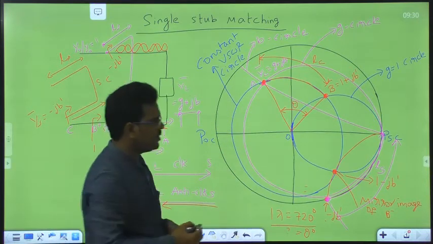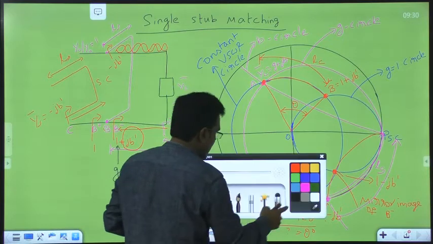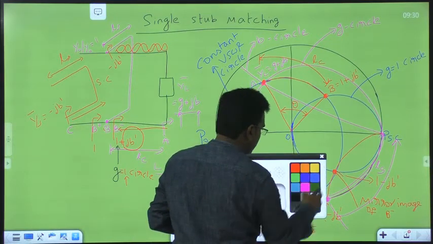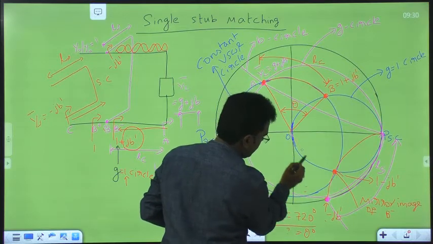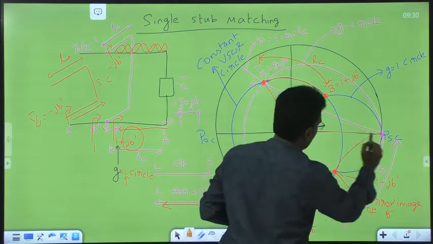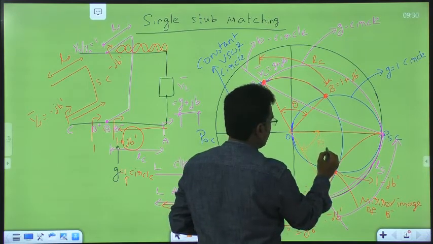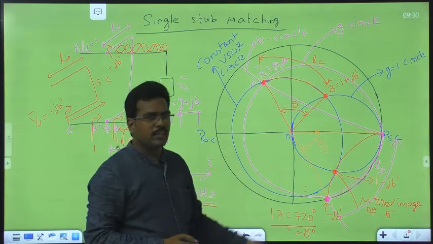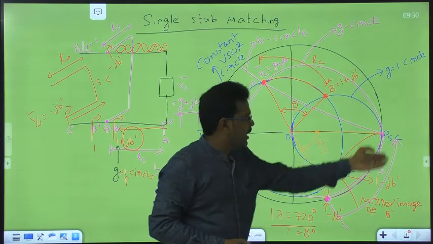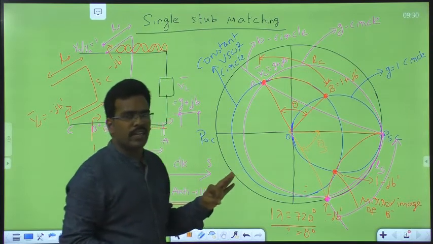Again, how to measure? The same principle we have to apply. Measure the angle between these two lines. This is some theta s. Convert these degrees into lambdas to get the length of the stub in terms of lambdas. So three points are covered already.